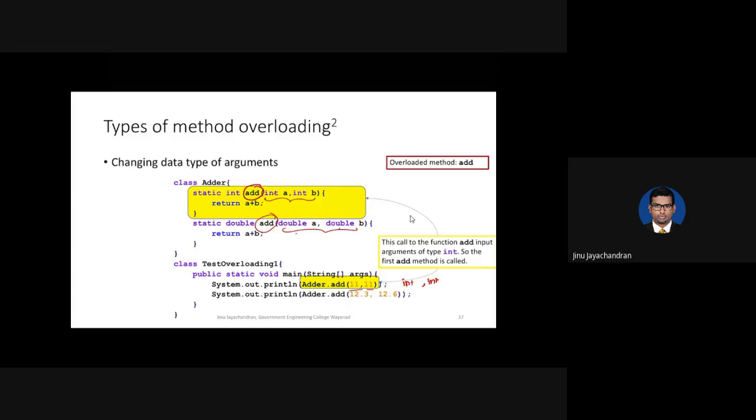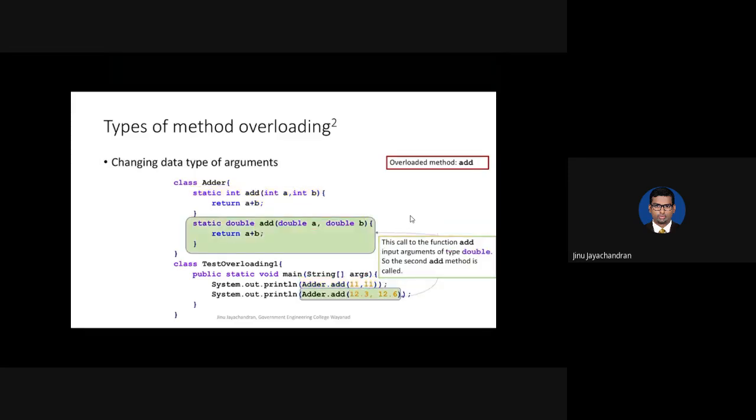So when you pass an integer value, the Java compiler will call the corresponding method which accepts an integer parameter. And when you call the function with a decimal value, 12.3, 12.6 is a number with decimal places, and only a double data type can hold numbers with decimal places.